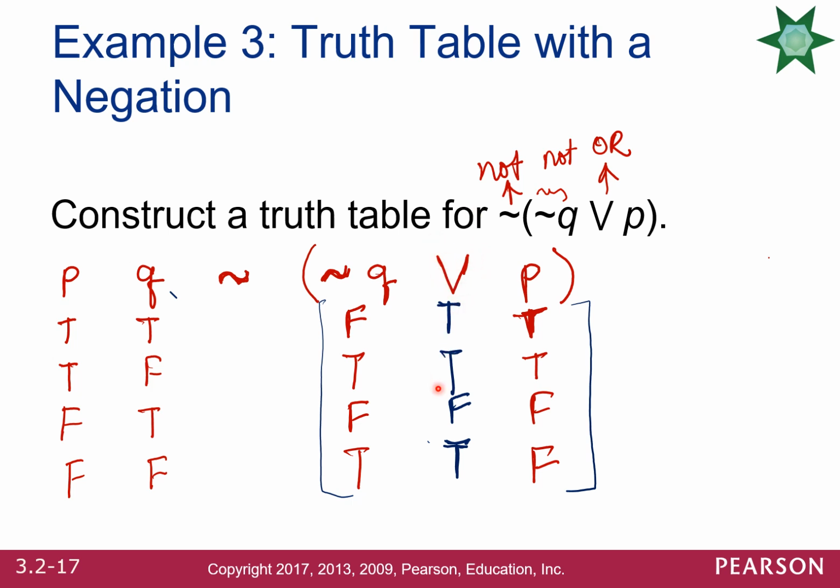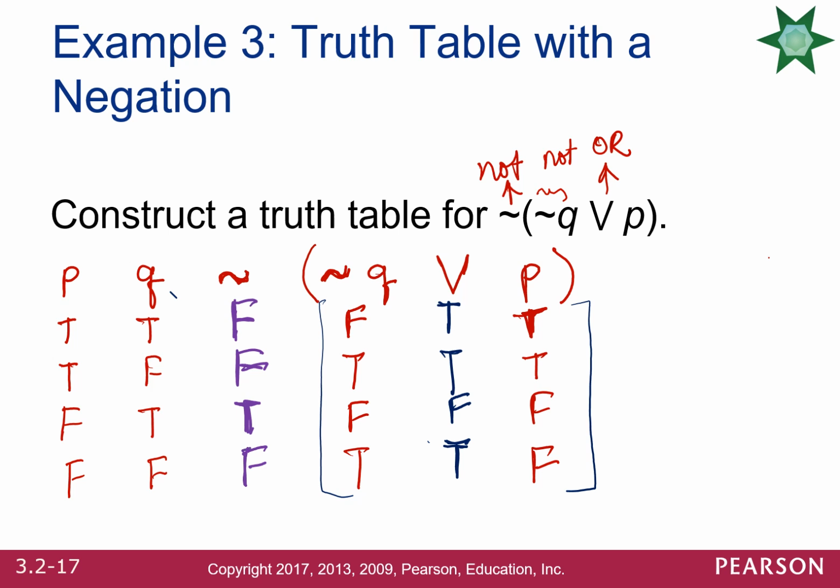So T, T, F, T, when we negate the T, this becomes an F. So let's write F here. Then this T is going to be an F. Then the third one is an F, correct? Over here within brackets, under the V, we have an F. So that will become a T. And finally, we have a T. That will become an F.